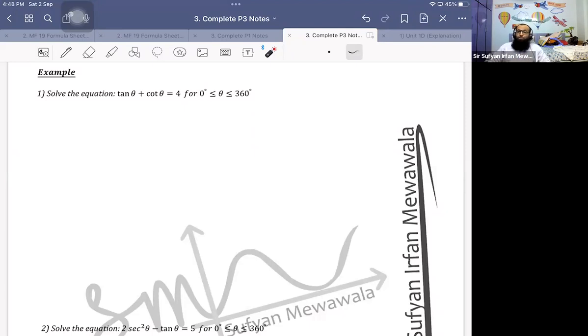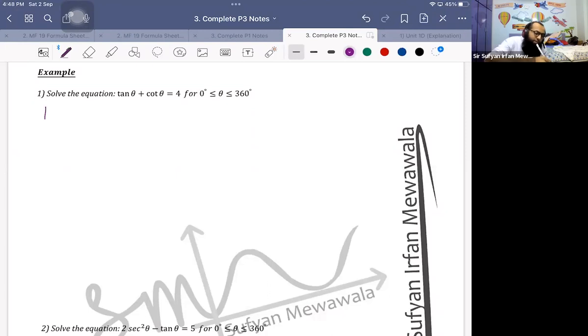The ones who were previously saying write sine over cos in place of tan and cos over sine in place of cot, now they have corrected that we already have one trigonometric function with us, that is tan, and the other function cot is a reciprocal function, so we can write 1 over tan in place of that. So yes, this is the smartest option.